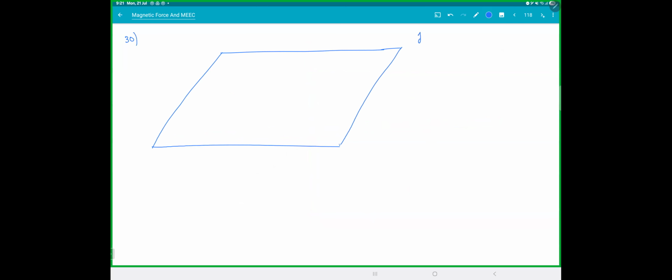Let's say we have an infinite charge sheet. Sigma is the surface charge density.